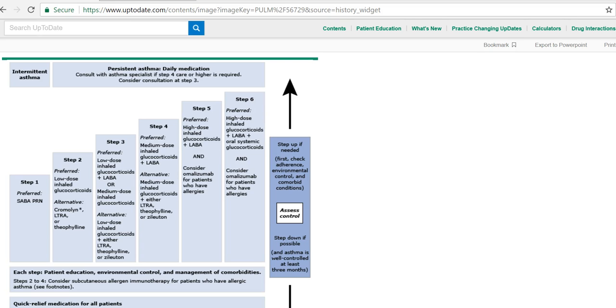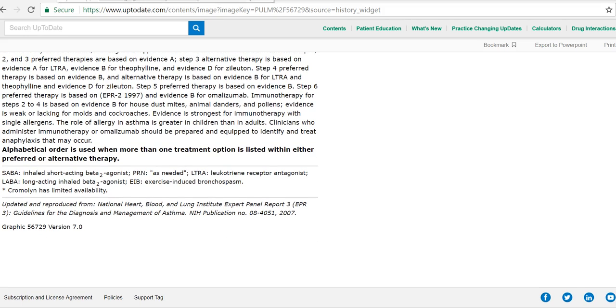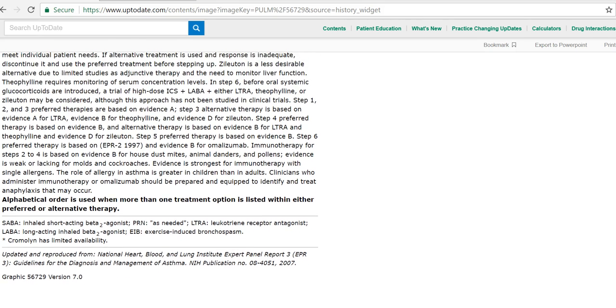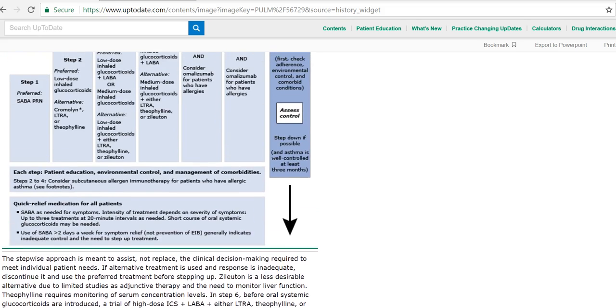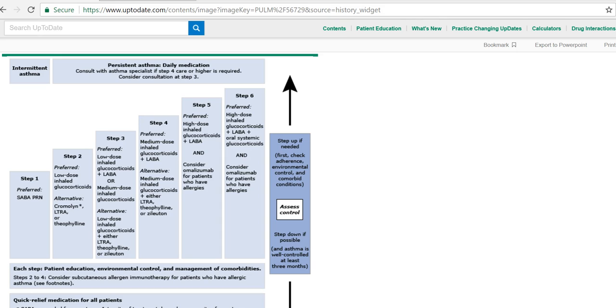These guidelines are, I believe, about a decade old now. These come from EPR3, I believe. Yeah, there we go, 2007. Due to be updated. There was talk that we're going to have new guidelines that were going to come out last year. That didn't happen. But anyway, this is still what we're going off of in terms of our treatment.